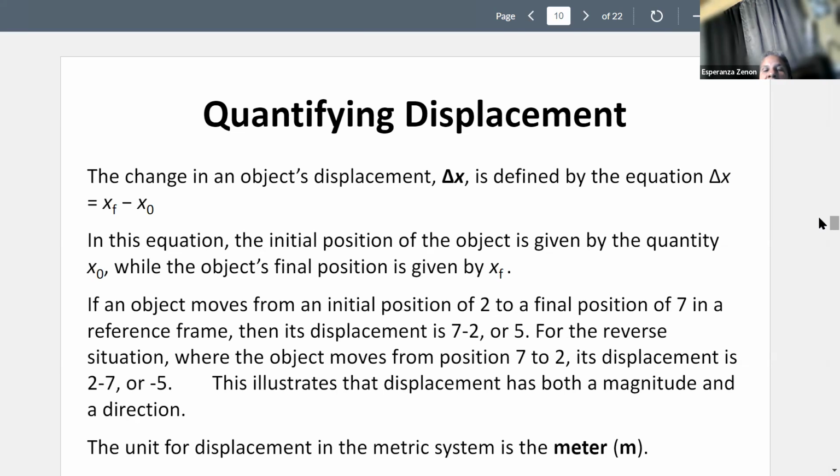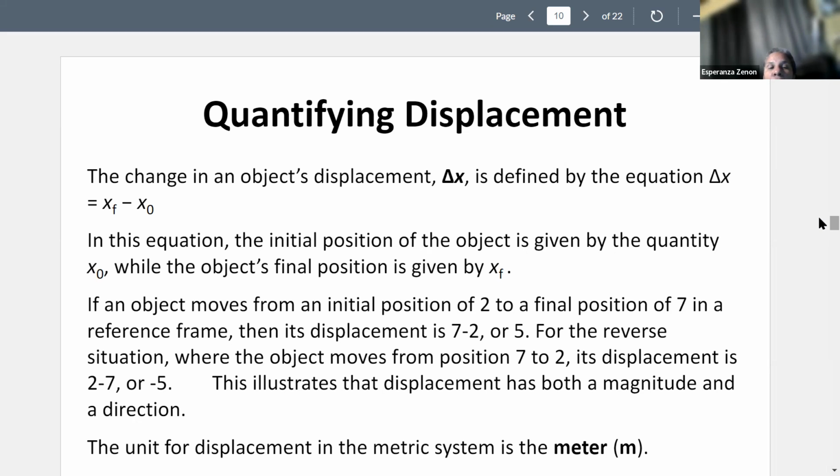The number line in this case is our reference frame. If we want to find the displacement, we take the final position, which is 7, minus the starting position, which is 2. So we get 5. That's our displacement.